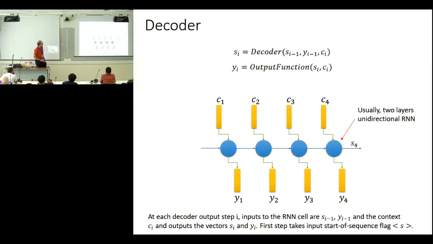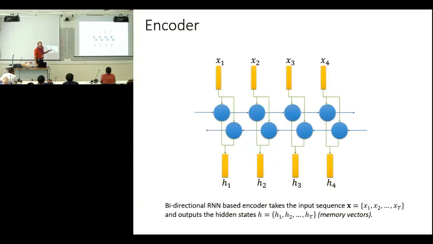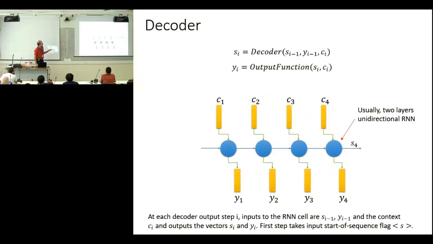The decoder is unidirectional. The encoder is bidirectional, while the decoder is unidirectional. The reason for that is the following. The encoder is a function which maps the whole input sequence to the whole hidden states in one time step.